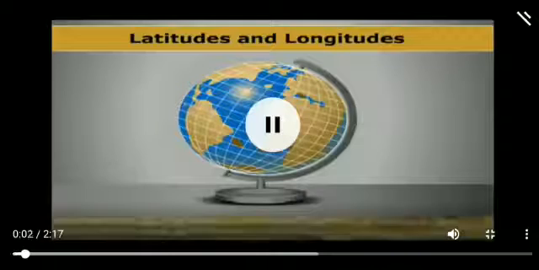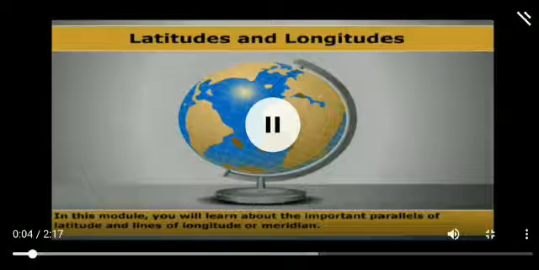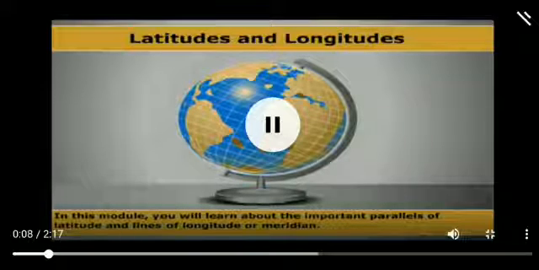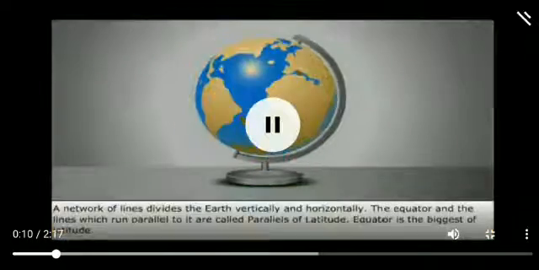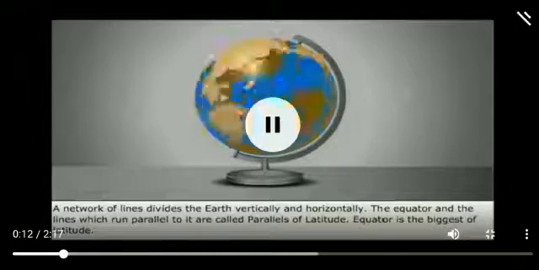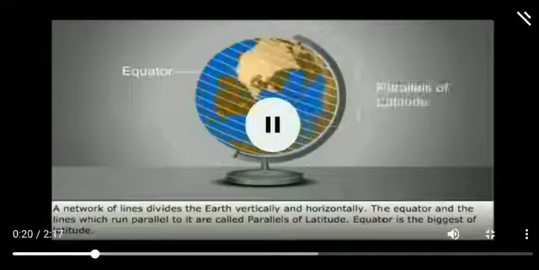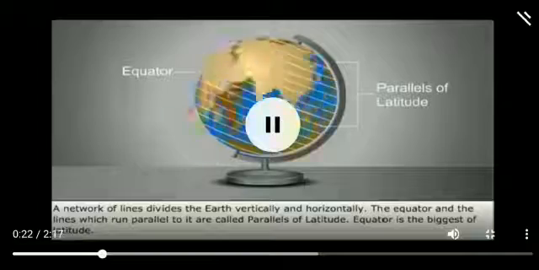Latitudes and longitudes. In this module, you learn about important parallels of latitudes and lines of longitude or meridians. We can see a network of lines which divides the earth vertically and horizontally. The equator and the lines which run parallel to it are called parallels of latitude.